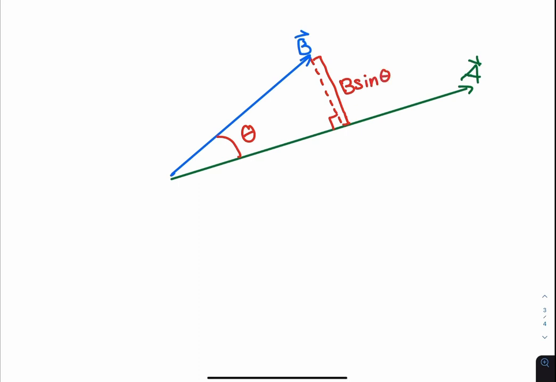The section that I labeled b sine theta is the component of vector b that is perpendicular to the vector a. Like I said earlier, the cross product is multiplying the magnitude of the first vector by the magnitude of the component of the second vector that is perpendicular to the first vector. So, the cross product is equal to a b sine theta.